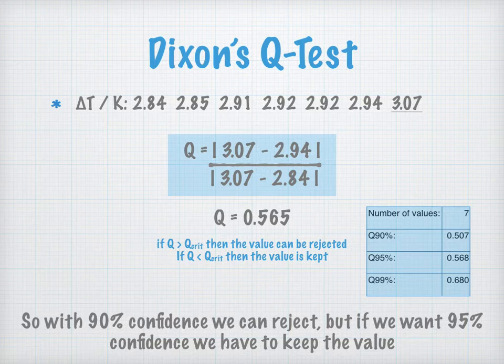Now in this case, if I only want to be 90% confident that this value is an outlier, I can reject this value because the critical value of Q at 90% is only 0.507. But if I want to go to 95% confidence, my critical value is increased to 0.568, and therefore I have to retain that value. So with 95% confidence, I cannot get rid of that value.